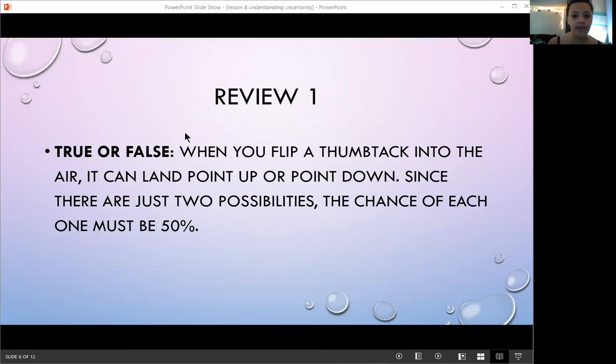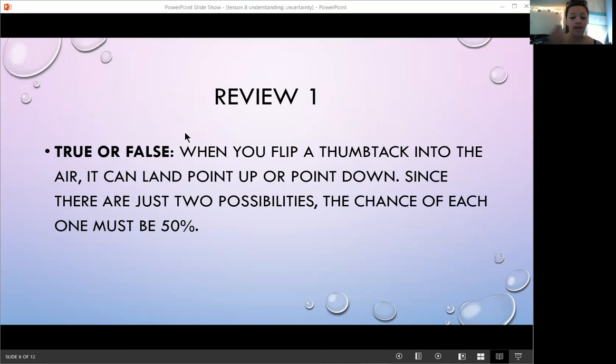So the answer to the first review is going to be false, because just because you have two possibilities doesn't mean that their probabilities are going to be equal. It doesn't mean there's an equal chance of getting both. If you consider the chance of it raining or not raining, that doesn't mean there's a 50% chance of each. There can be, but not always. So you can't make that assumption just because there's two possibilities.